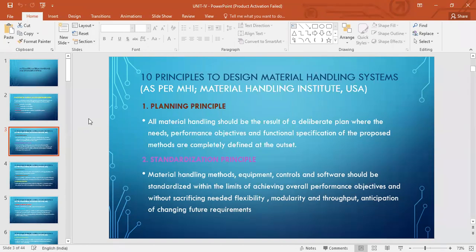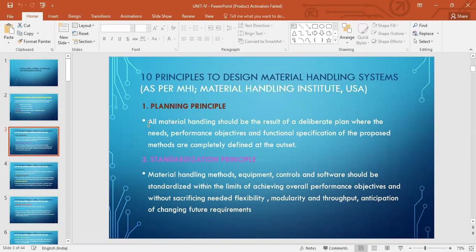So first one is your planning principle. All material handling should be the result of a deliberate plan. There has to be a dedicated plan for it, which should consider the needs, the performance objectives, and the functional specifications of the proposed methods, so that they are completely defined right at the very outset. So what are the objectives?